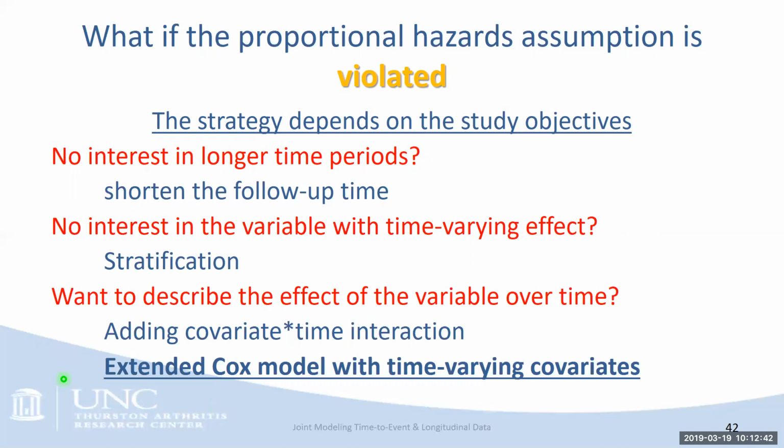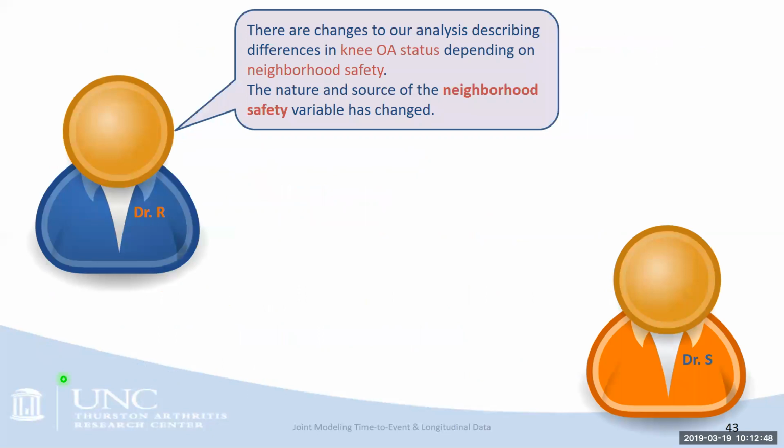And that's what we're going to be talking briefly about now for the remainder of this overview. And so let's go back to our example of NEOA and neighborhood safety. If our researcher were to return and say that there's a change in this analysis of NEOA status and neighborhood safety, it might let us know that the nature and the source of that neighborhood safety variable has changed.